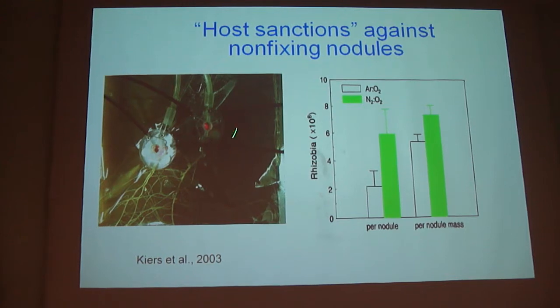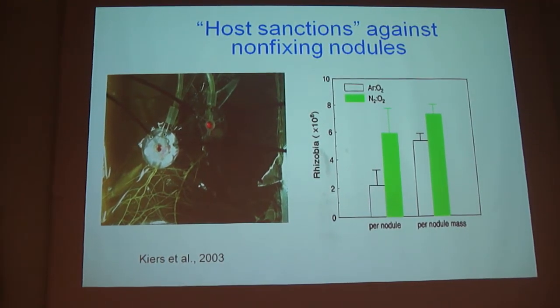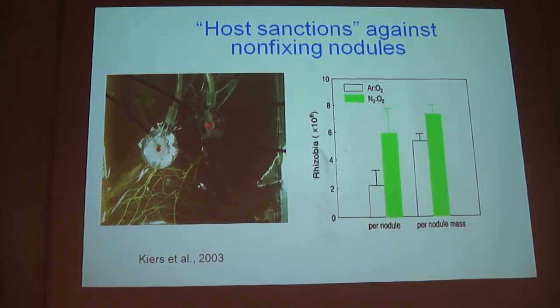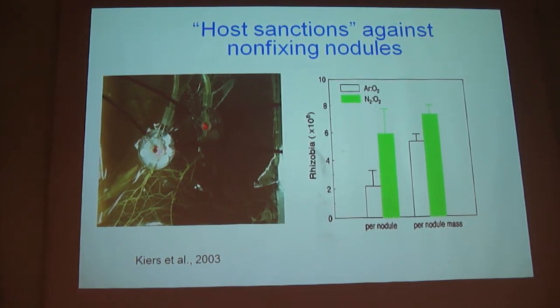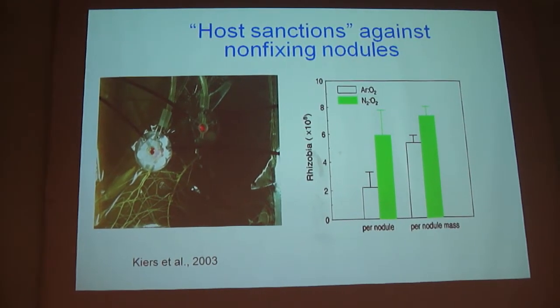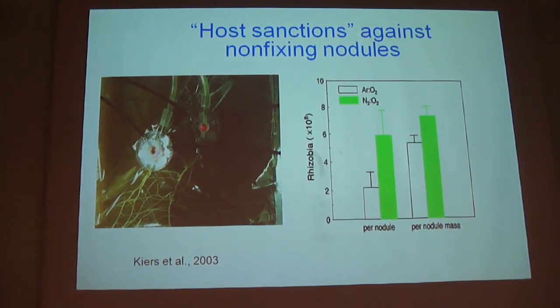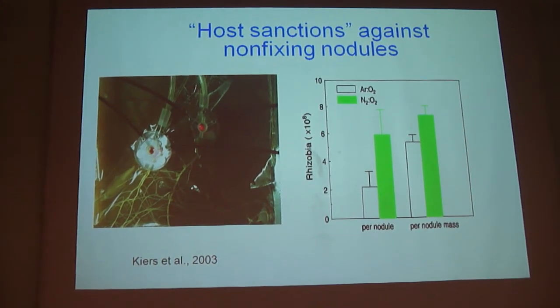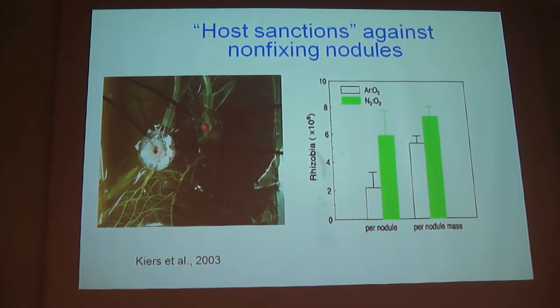And then in this nearby nodule, we substitute argon for the nitrogen, and so we have a rhizobium strain that has all the same signal molecules as a nitrogen-fixing strain, but is unable to fix nitrogen in this chamber because there's no nitrogen there to fix.